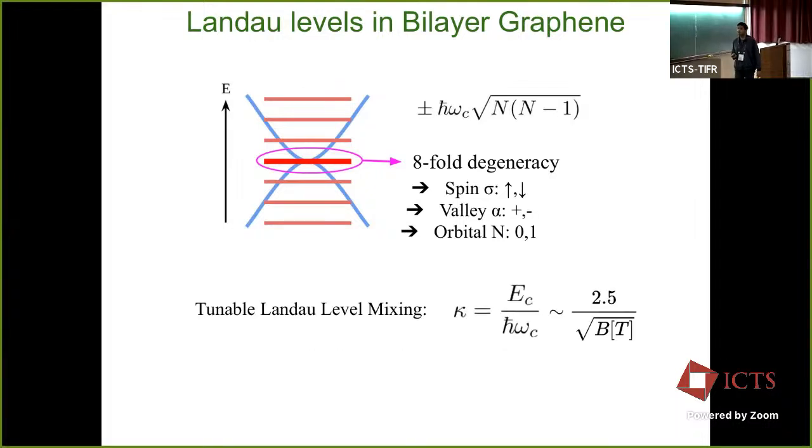Another fact is that the Landau level mixing scale in this material goes as 1 over square root of B. And for the samples which June has, it goes as 2.5 over square root of B, which tells you that for low magnetic fields, something like 10 Tesla or lower, this number kappa can be as large as order 1. But for higher magnetic fields, it can be much smaller.